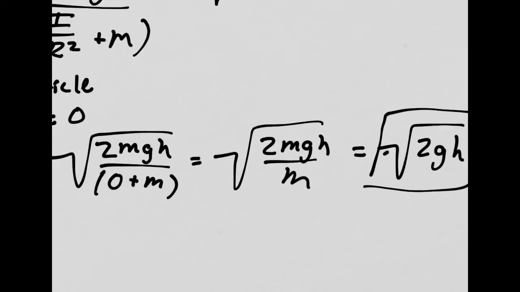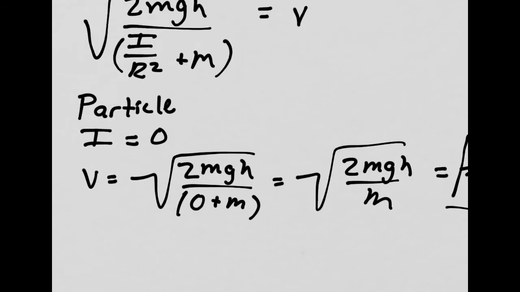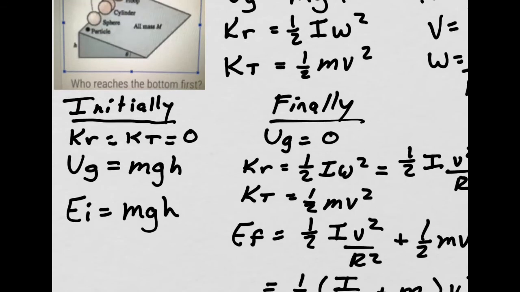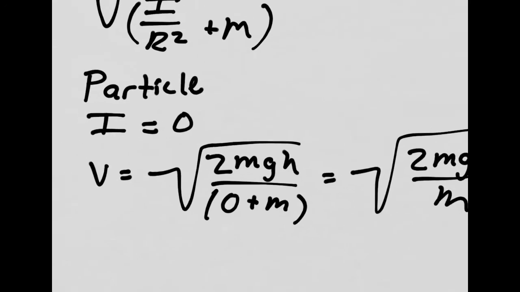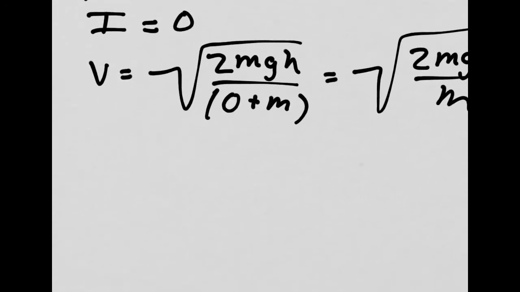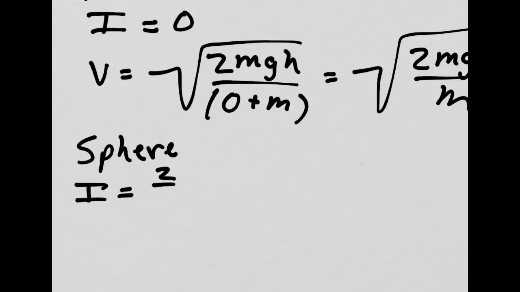Next, we have, let's go back up to our picture, a sphere. So a sphere, if we look at our table in the notes for our moments of inertia, a solid sphere has a moment of inertia of 2/5 mr squared.